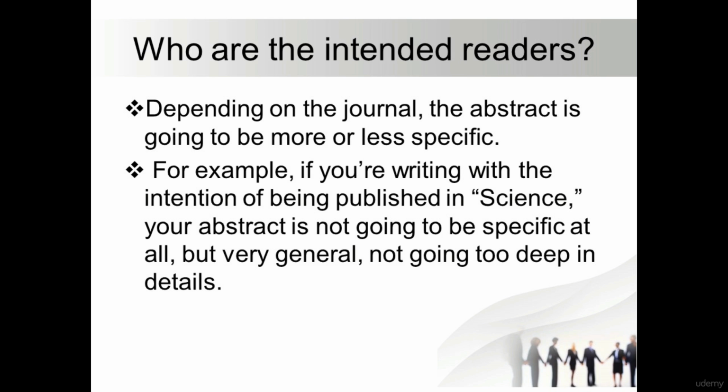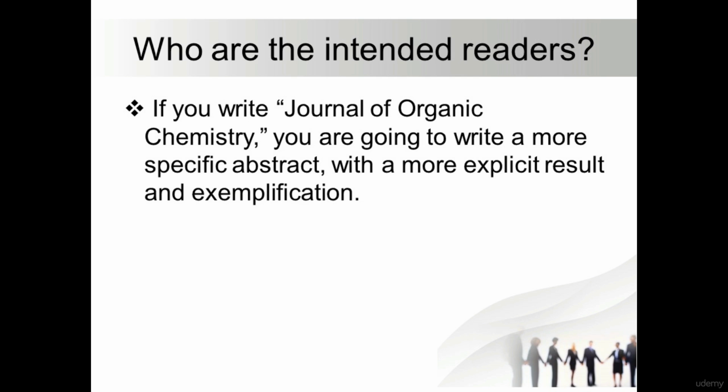On the other hand, if you write for some select journals, let's say the Journal of Organic Chemistry, you're going to write a more specific abstract with a more explicit result and exemplification. In this case, you need to answer all of the questions with a short answer of perhaps 1 to 2 sentences and compile everything into a tiny paragraph. With that, the abstract is done. Now that's nice and easy, isn't it?